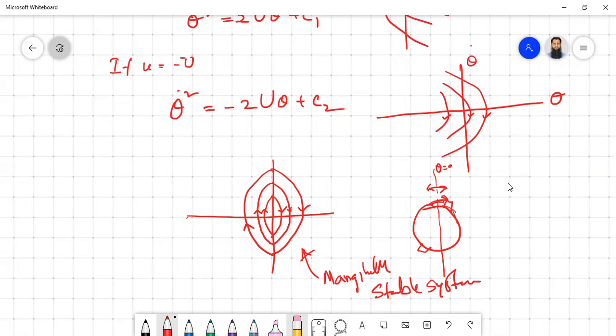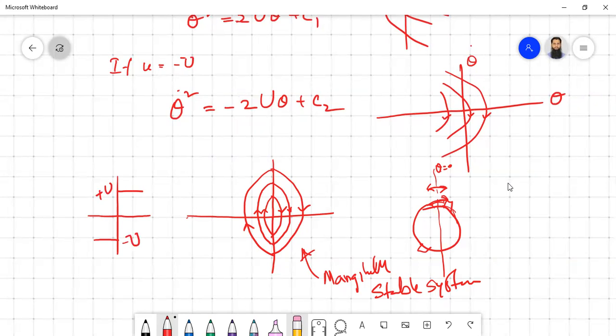Also, one thing, whether you have noticed or not, there is a change of direction in the vertical axis. This is because whatever input we are giving, we are changing that around the vertical direction, plus u or minus u.